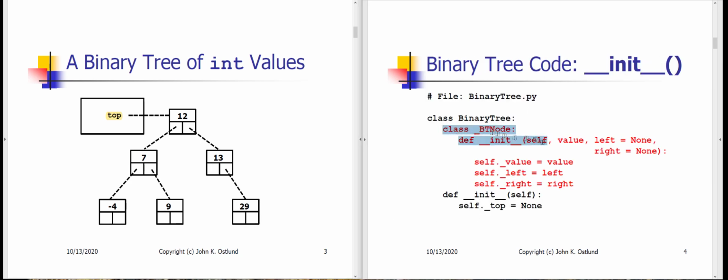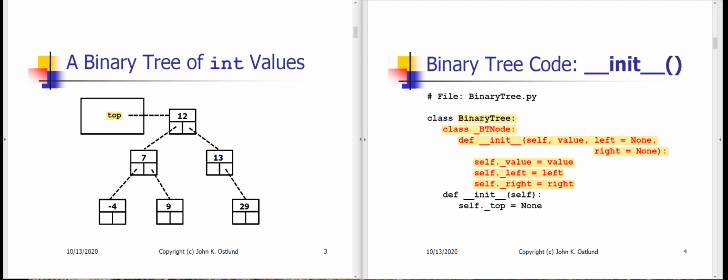Here is the representation of each node. Each node has 3 components: a value component, an underscore left component that refers to the next node down in the tree that's less than the current node, and an underscore right component referring to the right side. Okay, so underscore BT node is our internal class that allows us to keep track of the details of individual nodes.